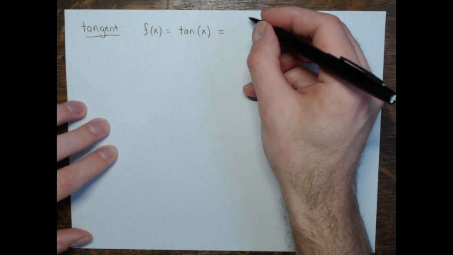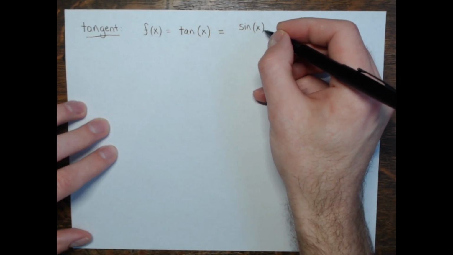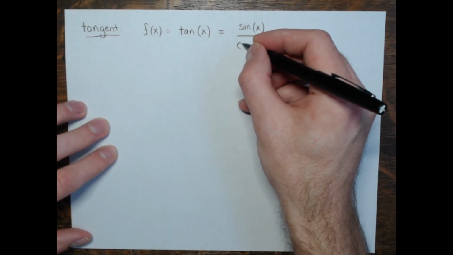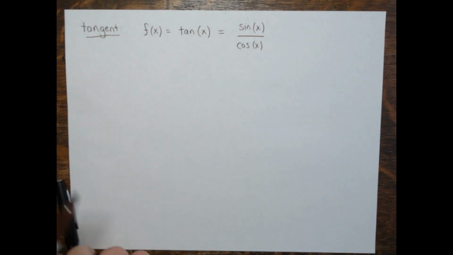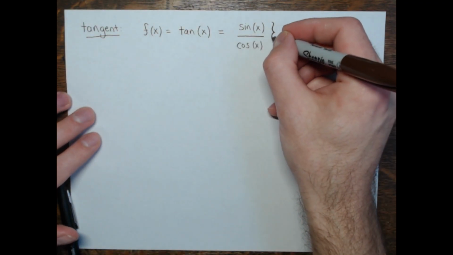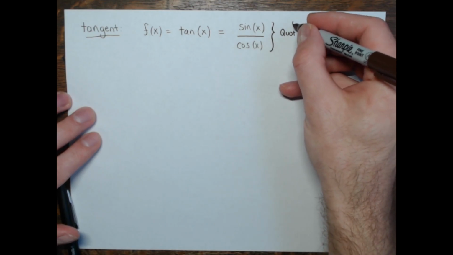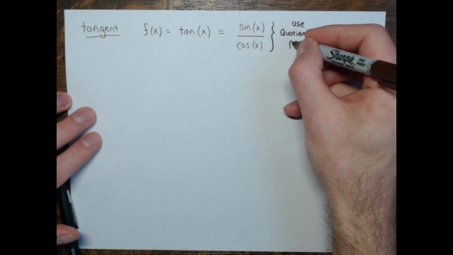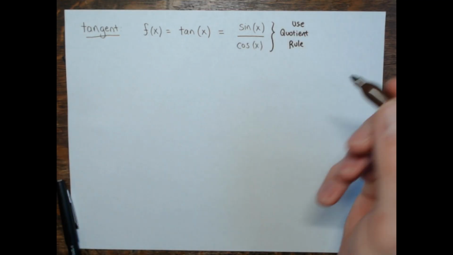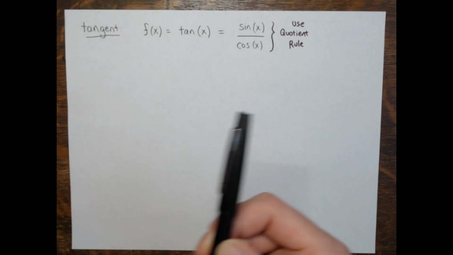So remember, the tangent of x would be the sine of x divided by the cosine of x. And now I have a fraction, something that I would then apply the quotient rule to. So I'm going to use the quotient rule for derivatives. I'm not going to rewrite what that is, that's been brought up in previous videos. I'm just going to say it as I do it.